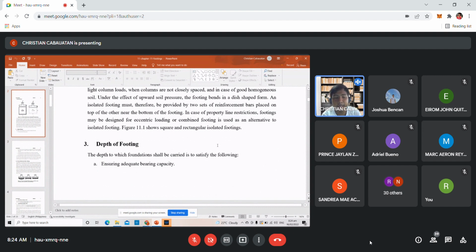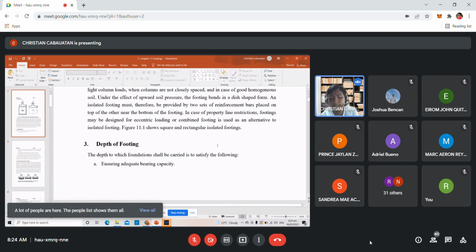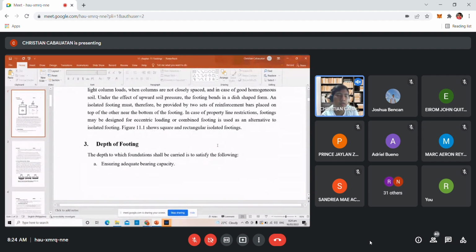The first one is ensuring adequate bearing capacity. Paulit-ulit natin itong sinasabi, yung kanyang bearing capacity. The stress should not exceed the soil bearing capacity.